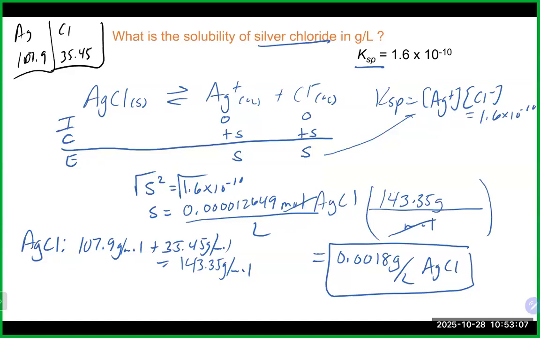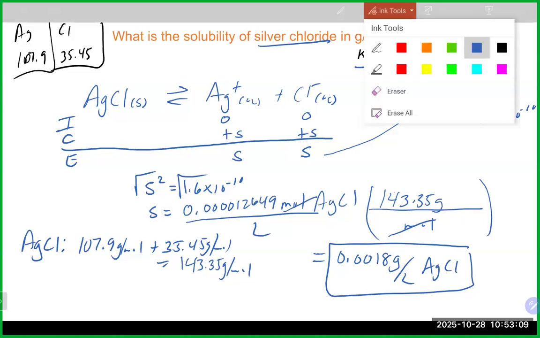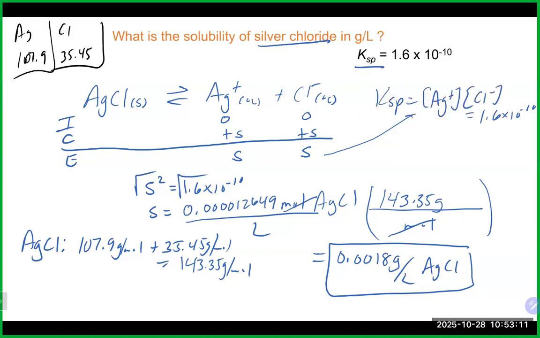Now, a couple of things you may be thinking: isn't S our concentration over here? And this S value that we got is definitely these S values here. So if we wanted the concentration of chloride ions in that solution, it would be 0.000013, and if we wanted silver's concentration, it would also be the same number. Typically, when you solve for S in these tables, it is the molar solubility of the whole thing together.